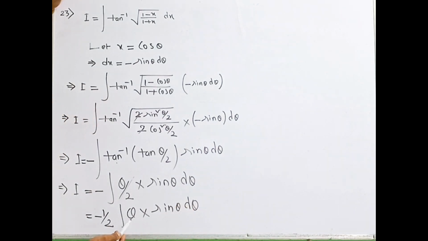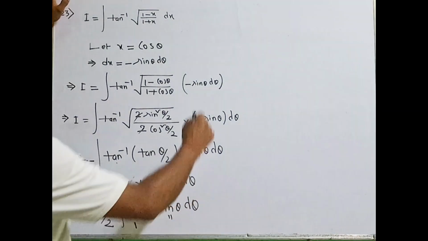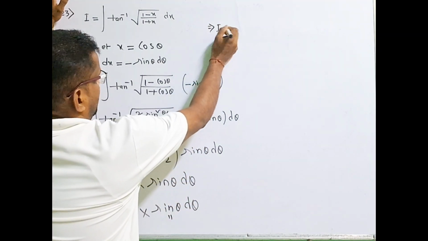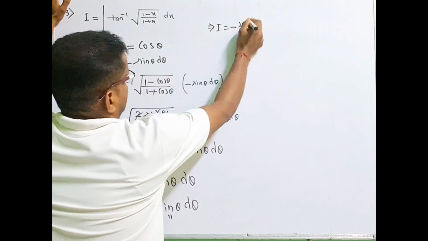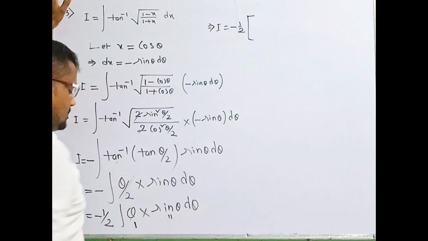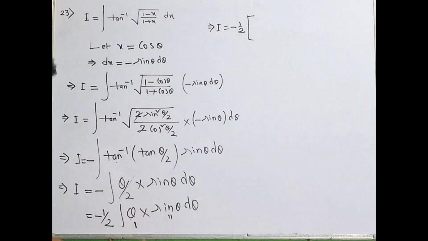Remember, here it is an algebraic function, and it is a trigonometric function. So you have to go for integration by parts, taking theta as the first function and this as the second function. So I equals minus half, it is common as a whole. We are going to use by parts here.